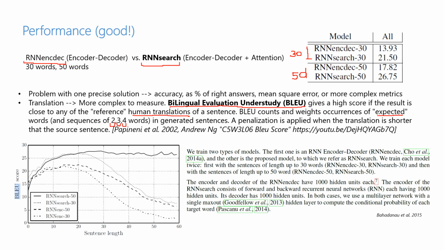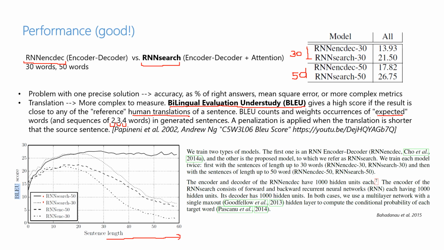So here in the lower left, we have an interesting graph for four cases: the new model with attention on 50 and 30, and the old model also on 50 and 30. We see the performance as the real length of the test sentence increases.